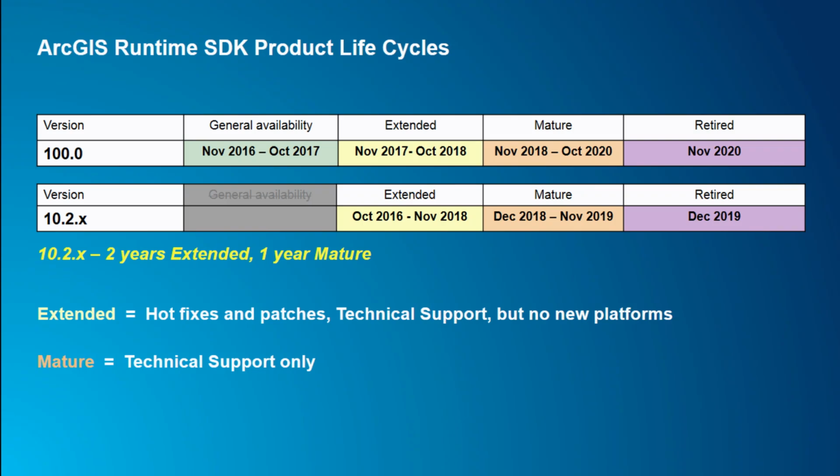So at this stage, you can have some comfort time in planning your migrations and have your applications that are currently on 10.2x supported. Then we'll follow that up with 1 year of mature before it's retired in 2019. We think that's a good time, but we'd love to hear your feedback to see if that's not sufficient. But we feel it's a good time and a good overlap to help you in the migration period.